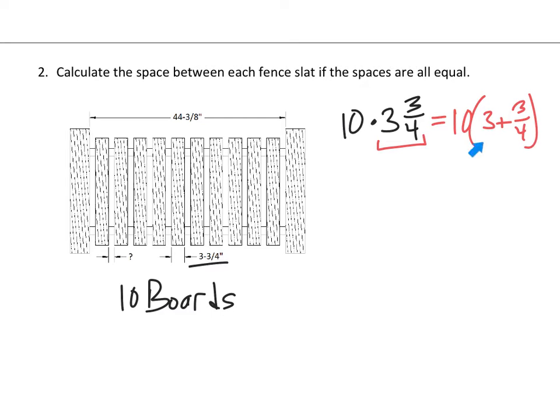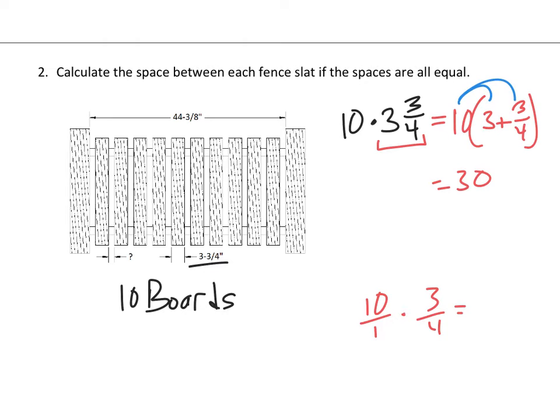It's like $3 whole plus 3/4, like 75 cents. Well, we know from algebra that we can distribute here. So 10 times 3 is going to be 30. 10 times 3/4, well, let me write this off to the side. That's just like 10 over 1 times 3/4.